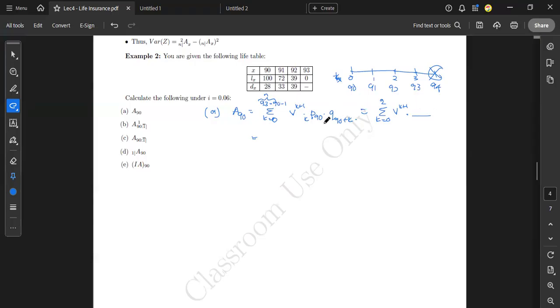So the number of survivors at age 90 is L90, and the number of deaths in between these 2 years, that means if this is 2, then surviving to 2 and death occurs between 2 and 3, so we get L90 plus K minus L90 plus K plus 1, or that is D of 90 plus K.